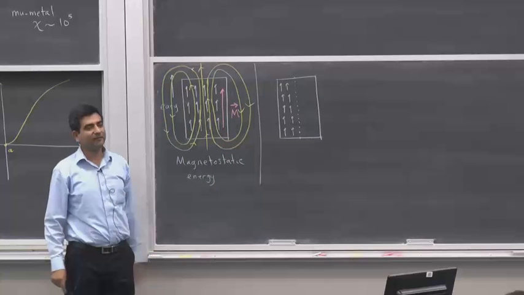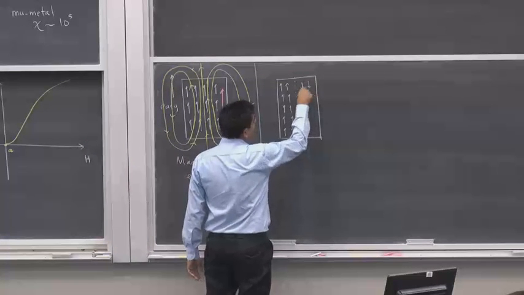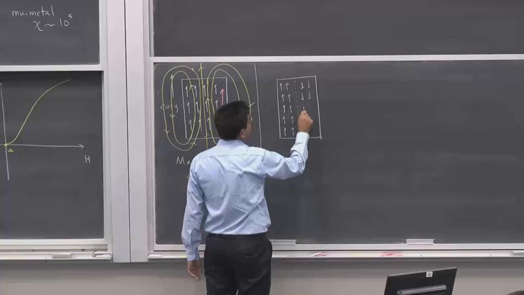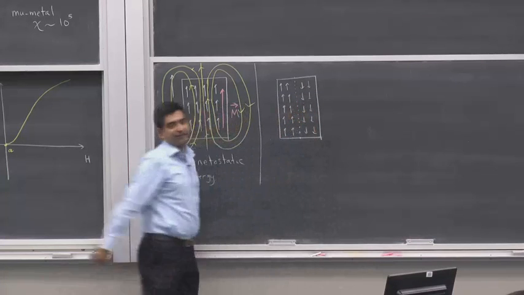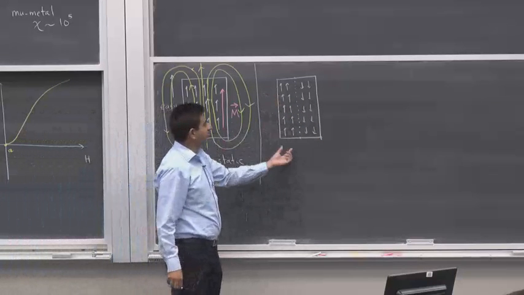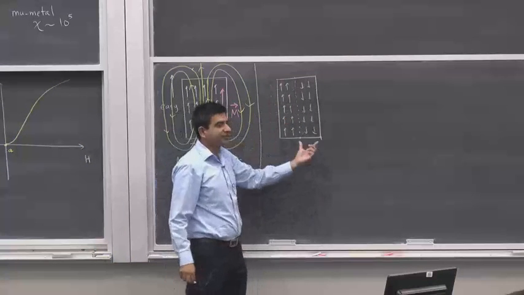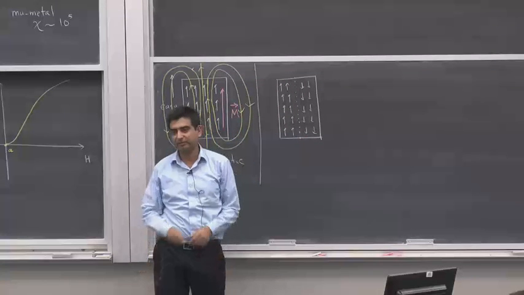But in the other half, they are all aligned within the half, within this region, within this sector, but they are anti-parallel to the spins in the other sector. So in this region, the spins are parallel, and in this region the spins are parallel, but in between these sectors the spins are all anti-parallel.